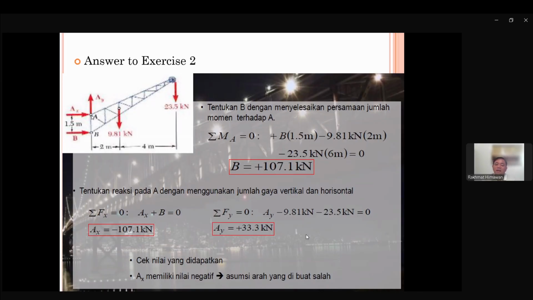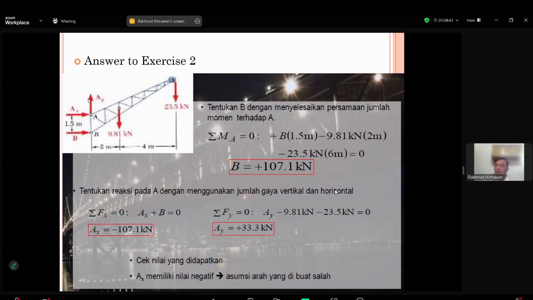Just apply sigma Fx equal to 0, sigma Fy equal to 0, and sigma moment equal to 0, which you can choose at any point. For example, we start straight away from the sigma moment, which is totally fine, at point A. Since we have no idea about these two, let's put sigma moment A equal to 0 because then we don't need to calculate AX and AY.